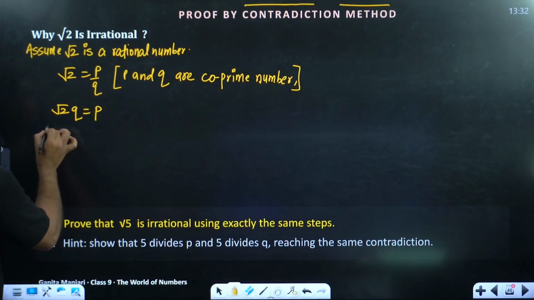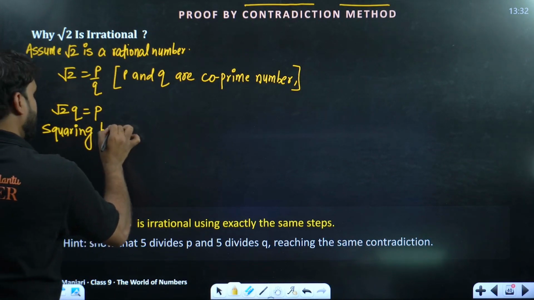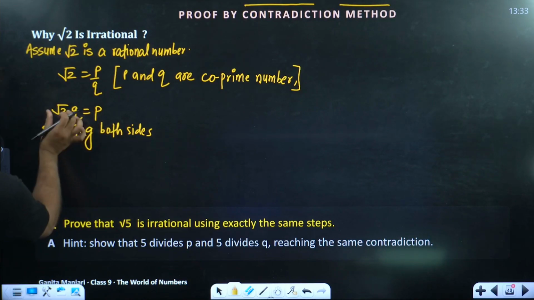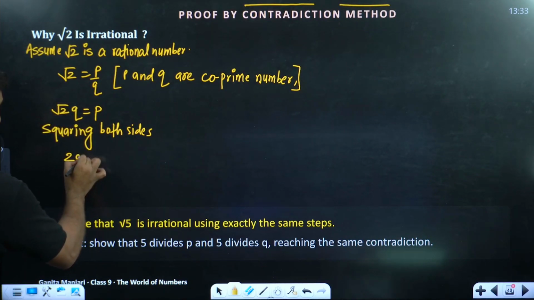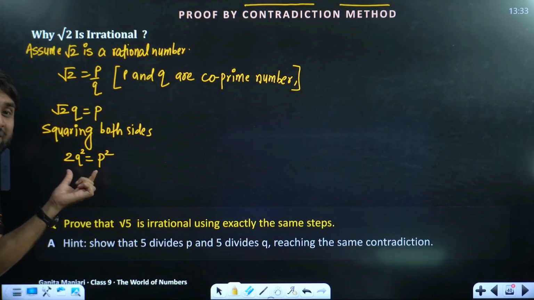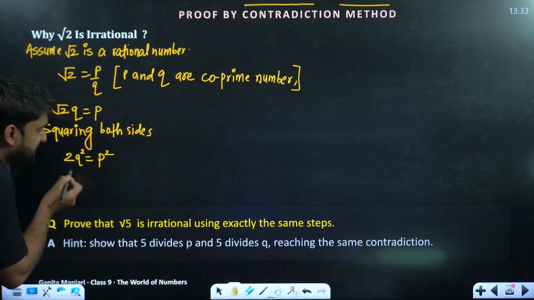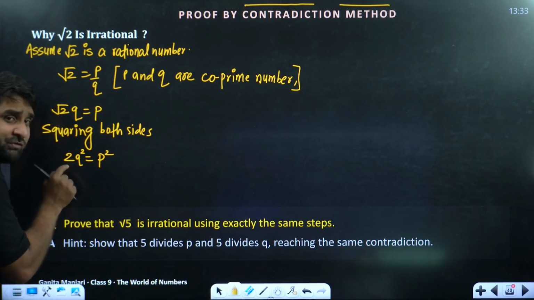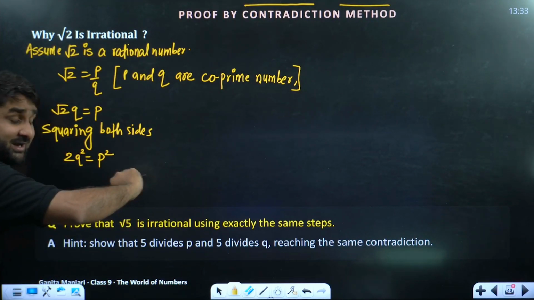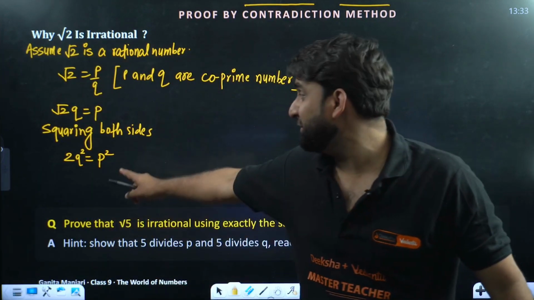Now squaring both sides, what will be the scenario? If we square this side and this side, the root will be removed, so it can be written as 2q square, and this is equal to p square. What does this mean, champion? 2q square is equal to p square. It implies that if 2 is in multiplication with q, and we shift this to the right side, p square will be divided by 2, because 2 is in multiplication with q.